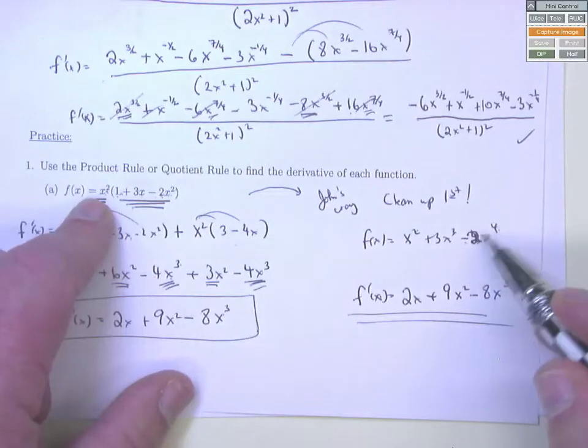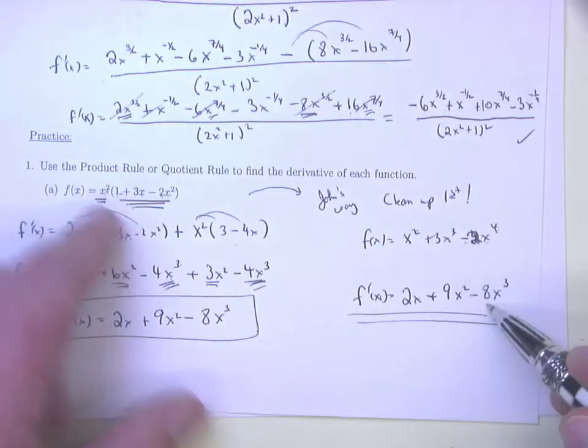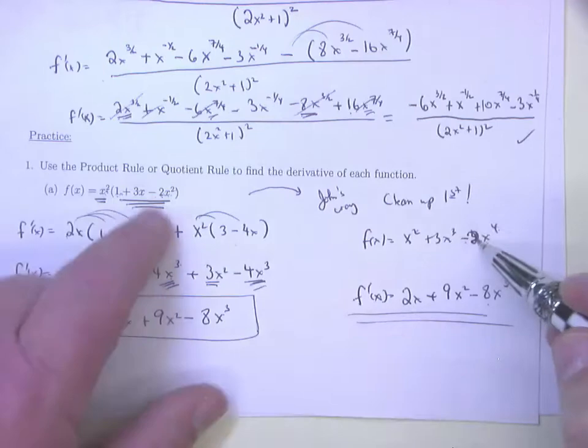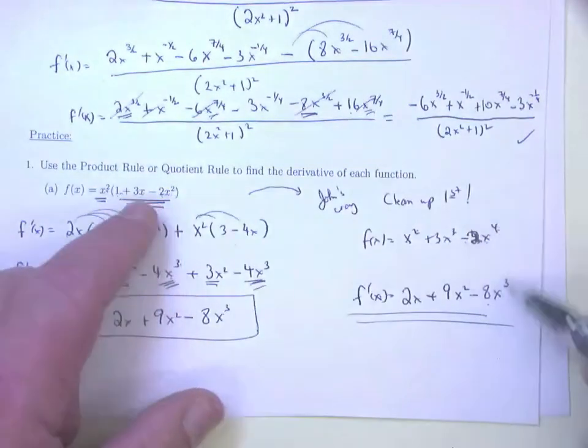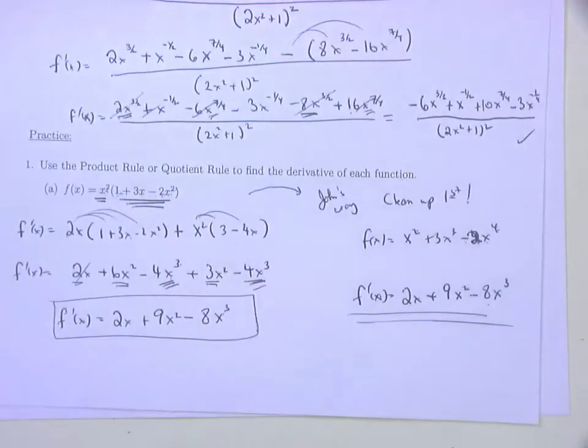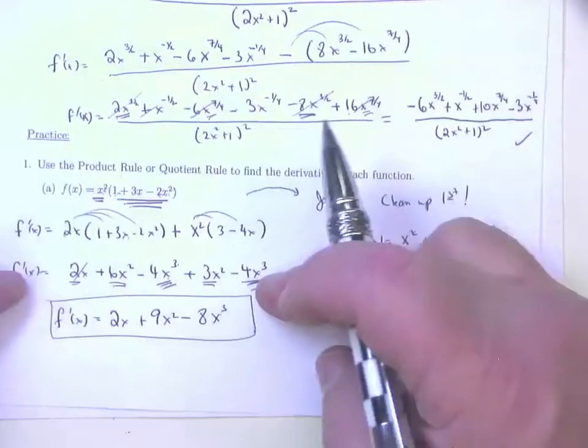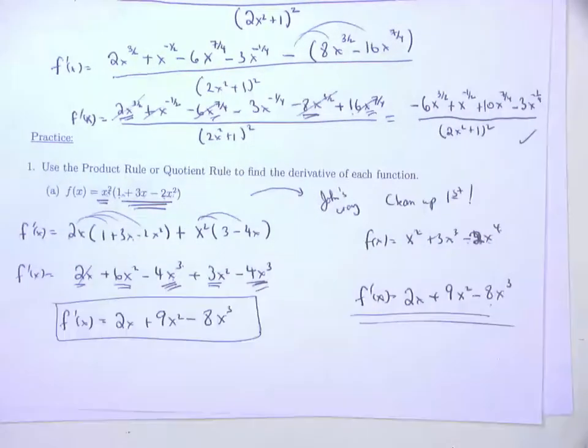What is 4 times 2? Yeah, there's only one answer. I knew what the answer was before I started, but I just screwed up that. X squared times minus 2x squared is actually minus 2x to the 4th, and then I took the derivative. You gotta watch me. I'm already 14 steps ahead of you guys, and I forgot what I'm actually working on. Does that make sense, though? So my point is, you can either clean it up later or clean it up now. Cleaning it up now always makes your problem shorter.